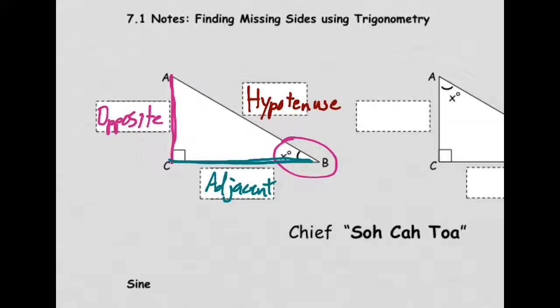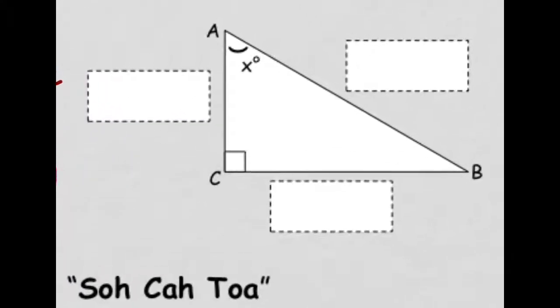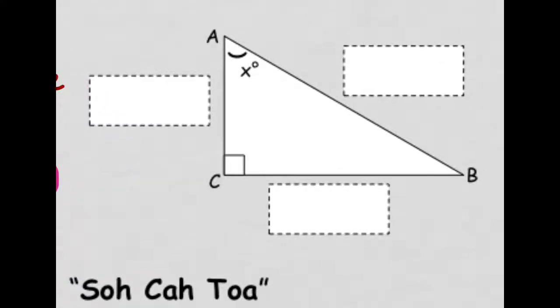Alright, so the hypotenuse is always going to stay the same, but the opposite side and the adjacent side really depend on which angle you're looking at. Right here we're looking at B, but if we take a look at angle A, then our perspective shifts. Angle A is this corner of the triangle.